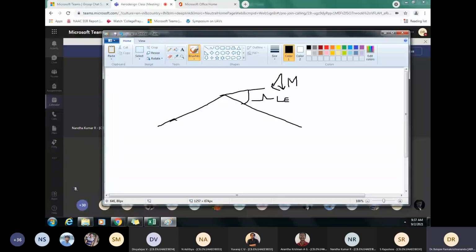There are two components for this M. One is normal to the wing, I'll call this Mn. Another is tangential, which is Mt. And this angle is your sweep angle. So Mn will be M times cos of this leading edge sweep angle.